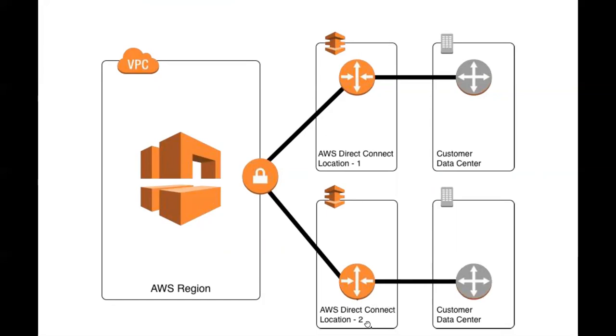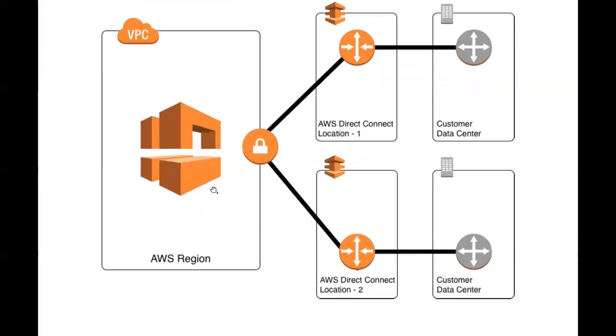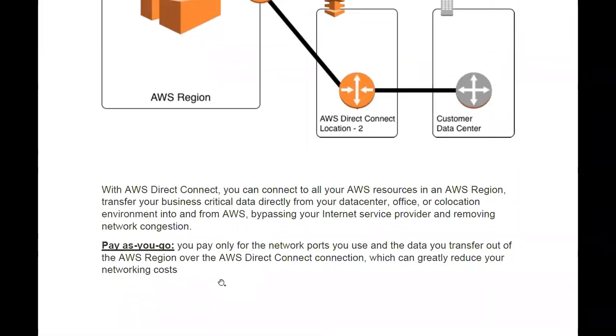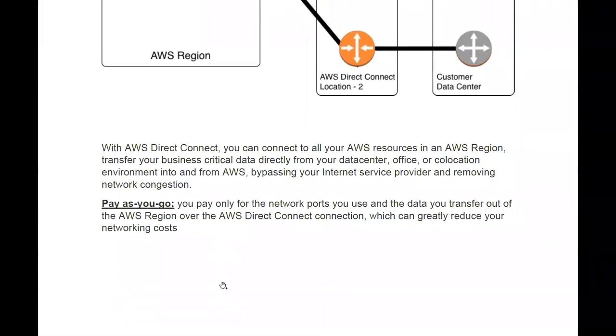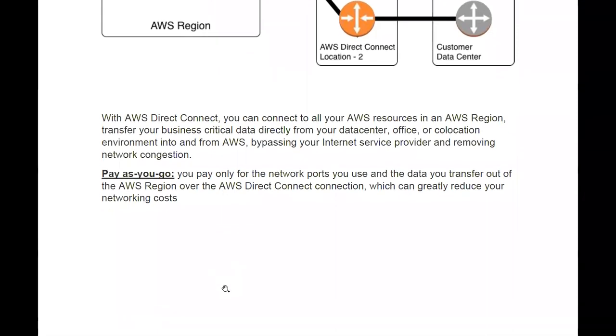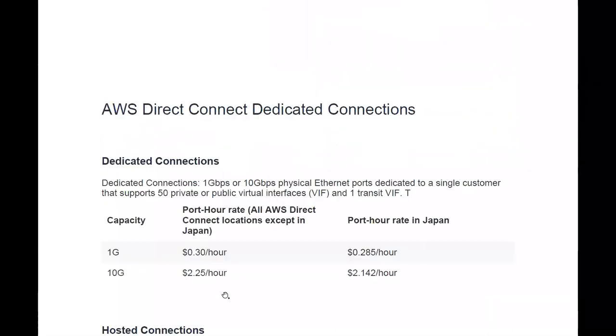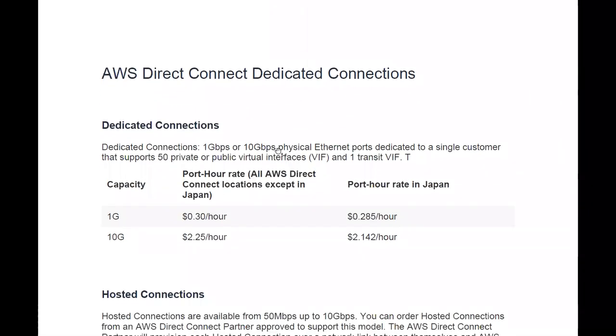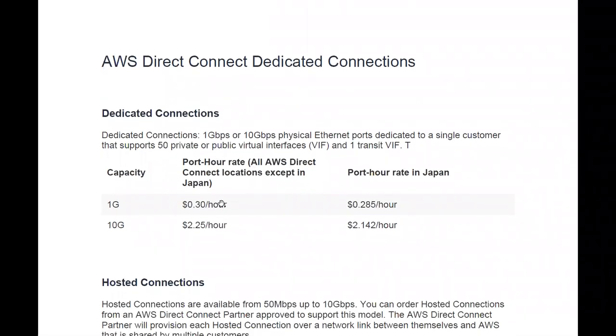This Direct Connect facility is also interconnecting your other data centers to AWS. It has a very good advantage: you can use the pay-as-you-go facility. For the resources you use, only for that much you need to pay. Most corporate companies are using this Direct Connect facility.